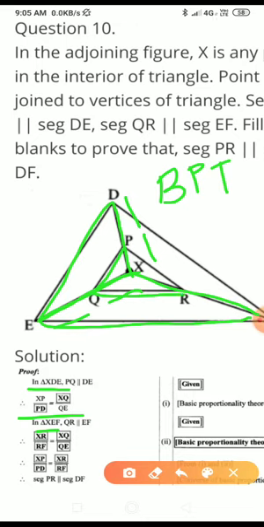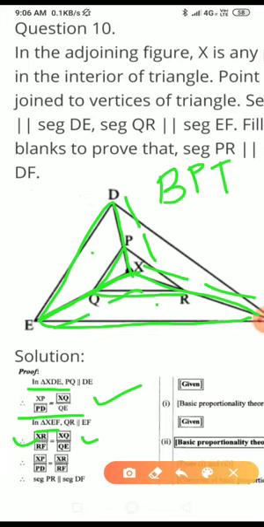It is given. So in this triangle we can write the formula: XR upon RF is equal to XQ upon QE. So from these two triangles we get two equations, equation 1 and equation 2.